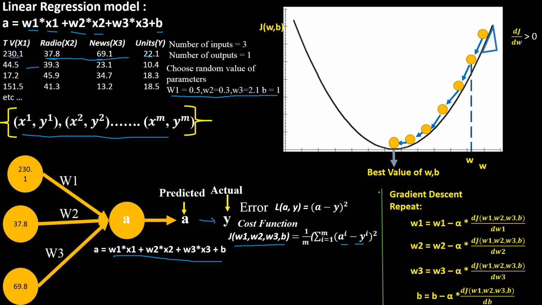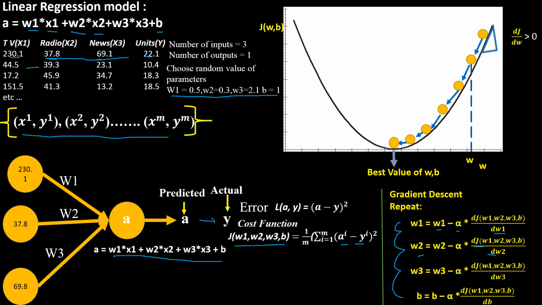So instead of updating for W and B, now we'll update at each gradient descent step for W1, W2, W3, and B. So for each of the parameters, we'll compute the gradient, and we'll update W1 equal to W1 minus learning rate into gradient of J with respect to W1. For W2, we'll take the gradient with respect to W2.